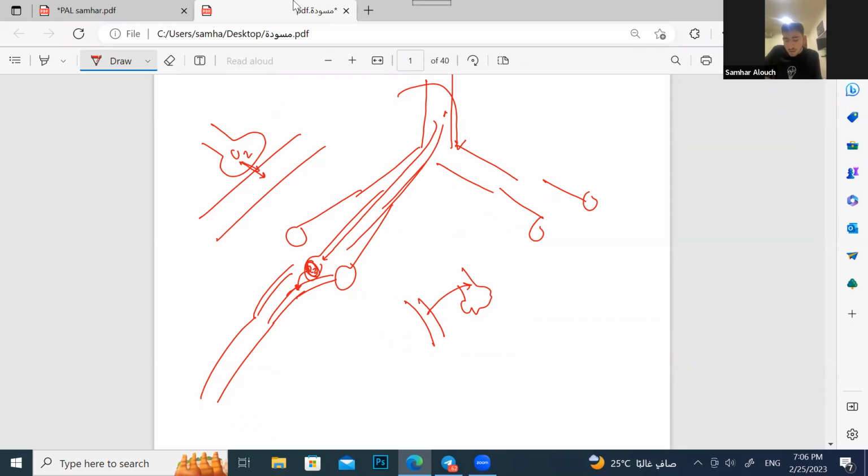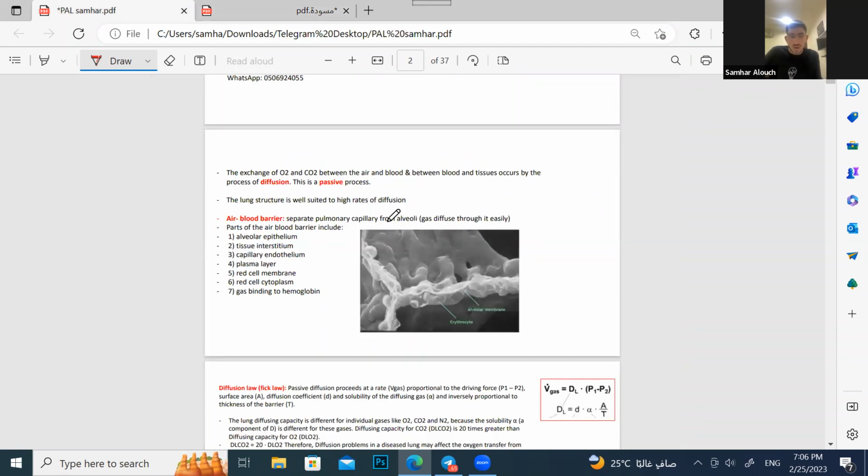And also from the blood capillary to the organ itself, it just passes. It is a passive diffusion. And the lung structure is well suited to high rates of diffusion because that's what it is. It just needs to diffuse from the alveoli to the capillary and from the capillary to the organ. Is it clear? And it's just an introduction.